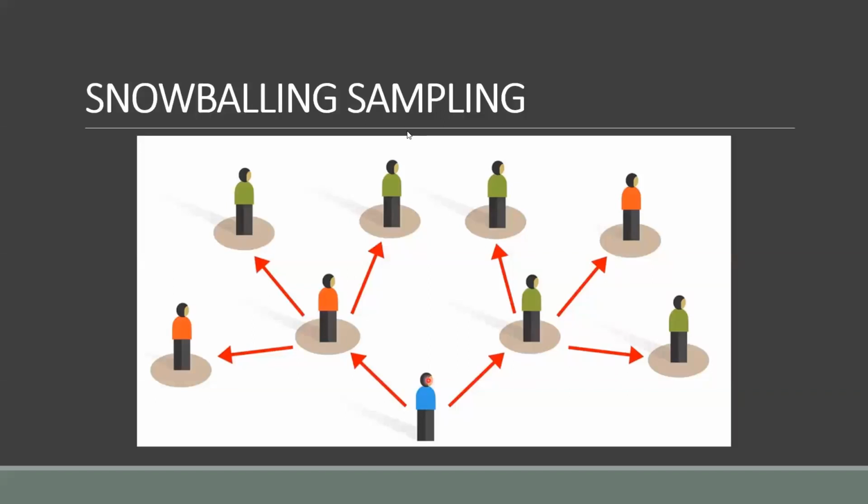Sorry for the interruption, what we call the networking procedure. For snowball sampling, we actually have 3 types.